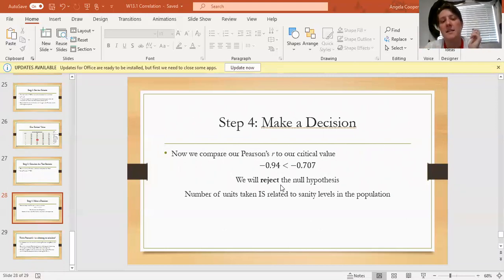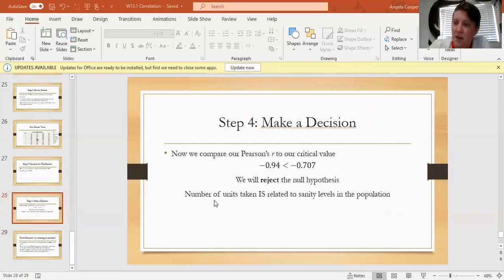Just like in step 1, where we stated in sentences that the null hypothesis states that number of units taken is not related, if we reject the null, then the number of units taken is related. That's what we're concluding here: the number of units taken is related to sanity levels in the population. Nifty. All right.